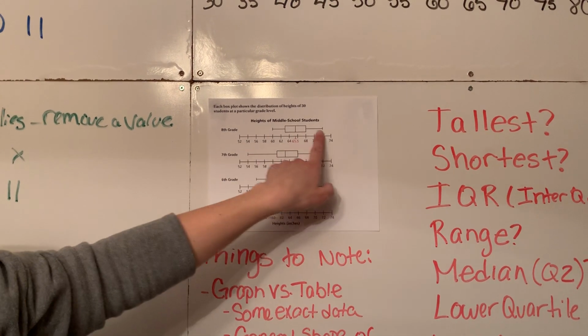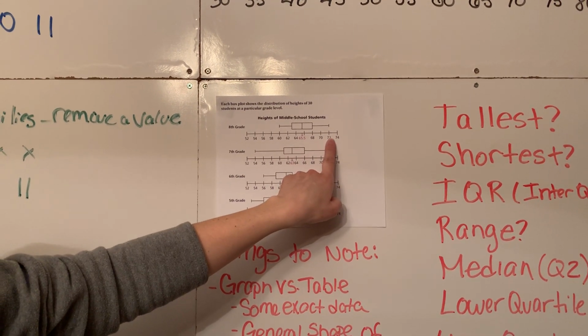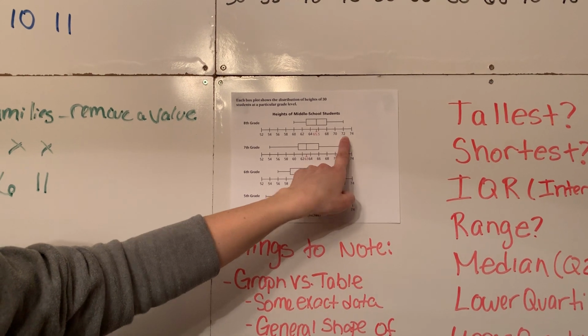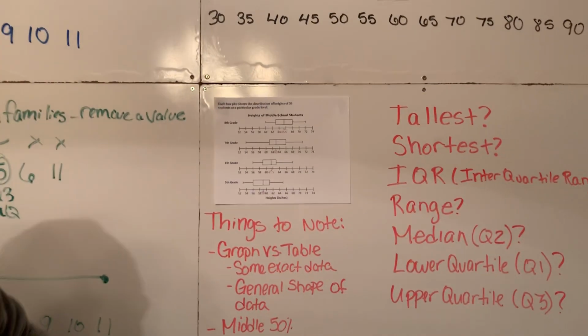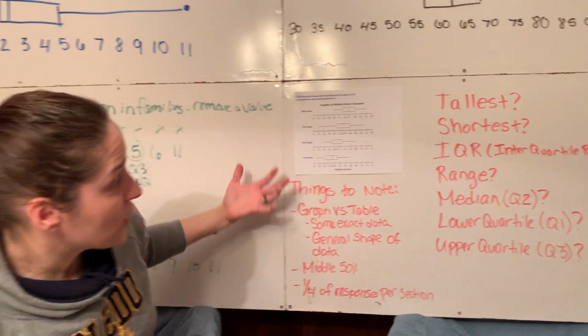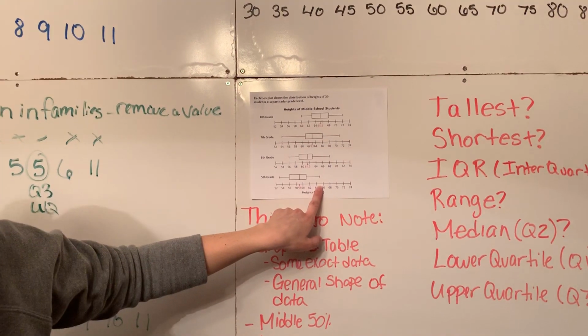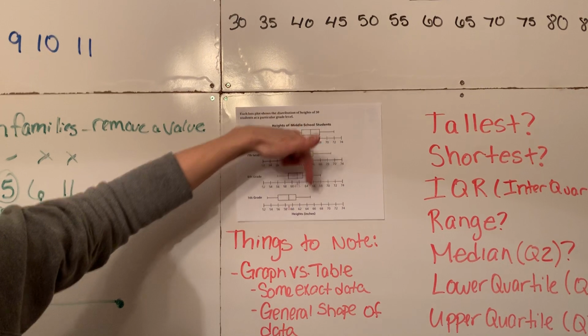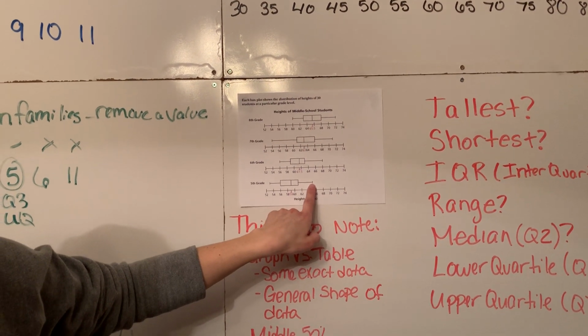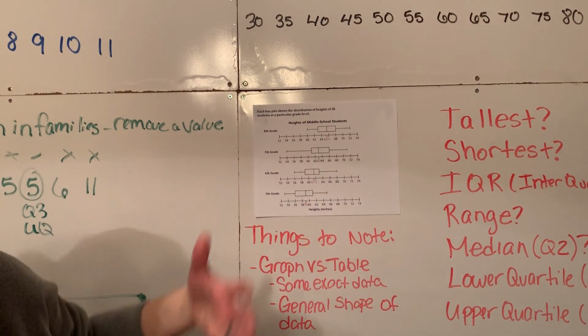I hope you said 8th grade because their maximum of 72 is the greatest. But I could also ask, what is the tallest 5th grader? The tallest 5th grader would be 65 inches. So you can compare tallests, or you can find the tallest for one particular grade.